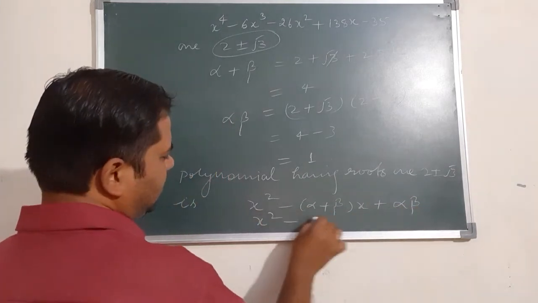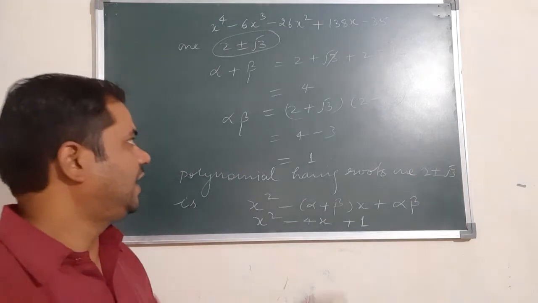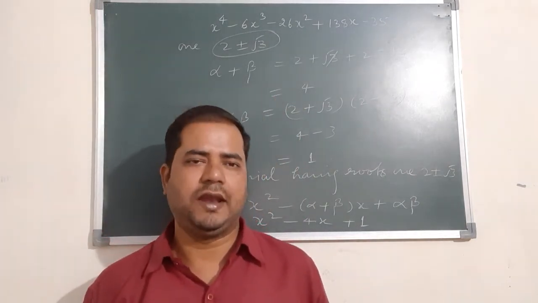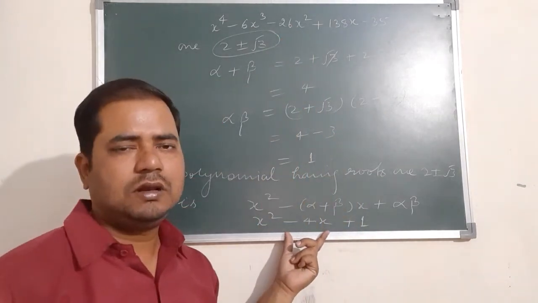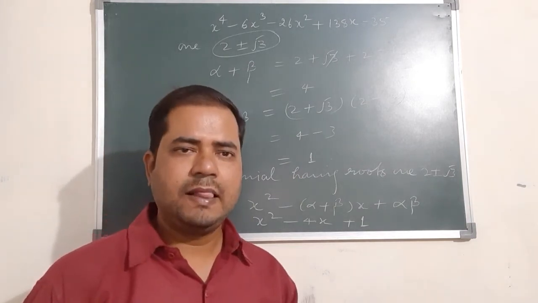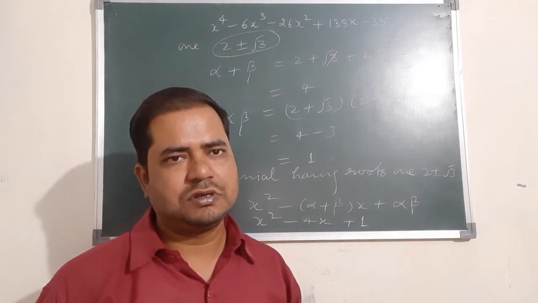So x square minus 4x plus 1. In the same manner, you divide the given polynomial by this polynomial. You get the quotient and remainder, and factorize the quotient, you will get the other zeros.